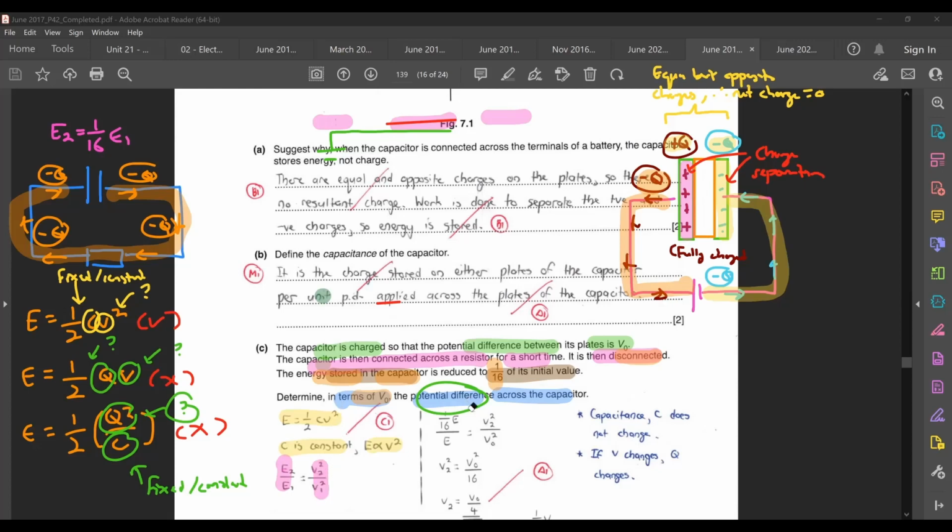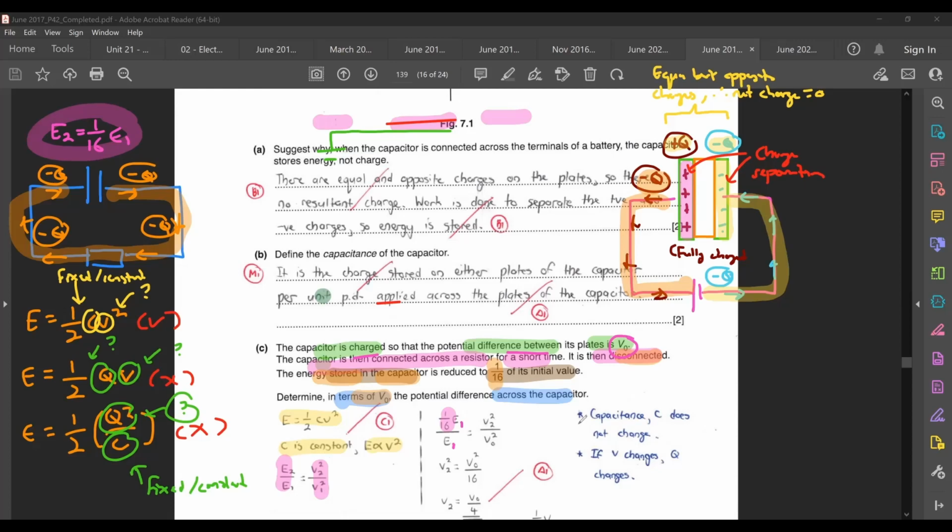So remember just now I told you E2 is actually 1/16 of E1. So you can actually just say 1 over 16E1 over E1 is equal to V2 squared over V0 squared. Your V1 is already known. They already told you when the capacitor is fully charged, the PD between the plates is V0.